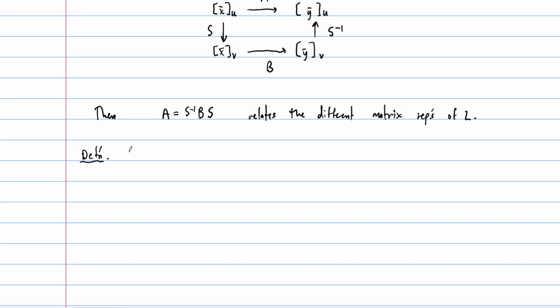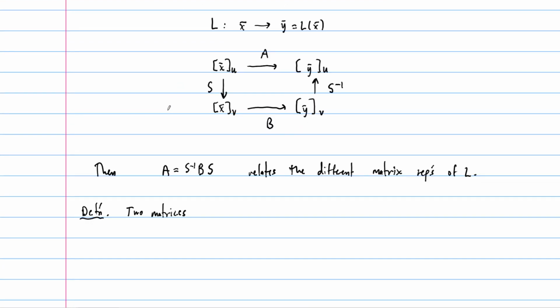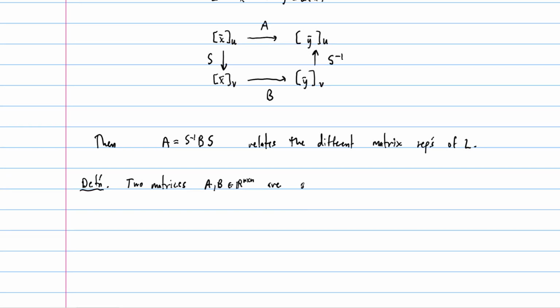We say that two matrices, A and B in R^(n by n), are both square matrices mapping Rn to Rn. They are said to be similar if and only if there exists a non-singular matrix S. Notice that A or B individually could be singular, but S has to be non-singular.